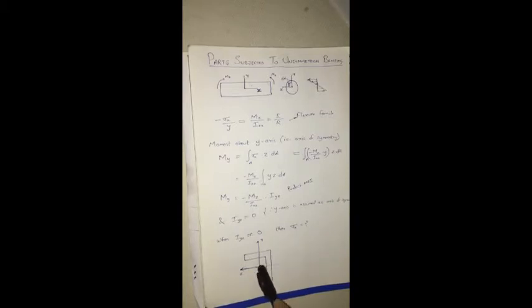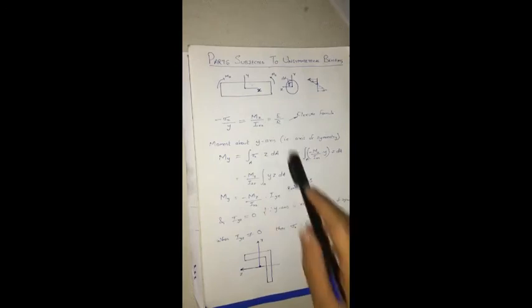In this case Iyz is not equal to 0. It will be difficult to find the stress distribution in the cross section by the flexural formula. It will not give us the correct answer. So now our objective is to determine the stress distribution, that is sigma x, in case of bending when Iyz is not equal to 0.